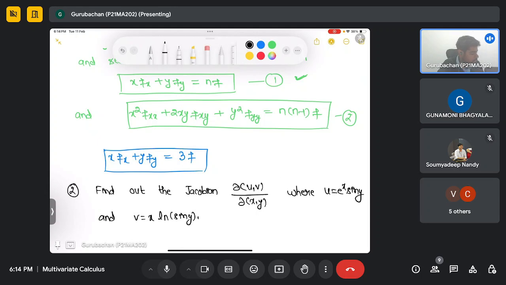First find out this, then find del xy. Please try this.